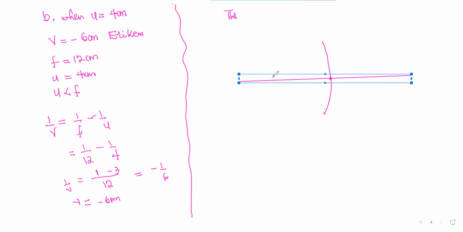Let's just sketch something. This is the focal point, and this is the center of curvature. Because U is less than F, the object must be here. Whenever an object is here, it will always give us a virtual image, which is behind the mirror. So the image will be at a distance of 6 centimeters from the pole, behind the mirror.